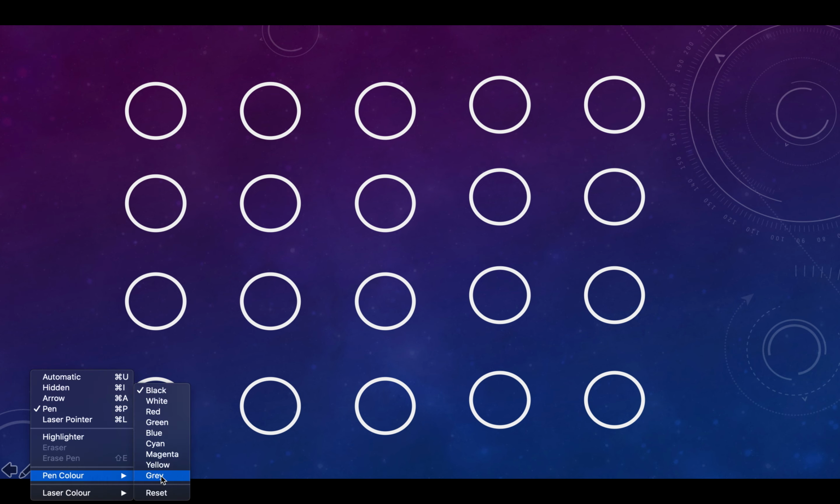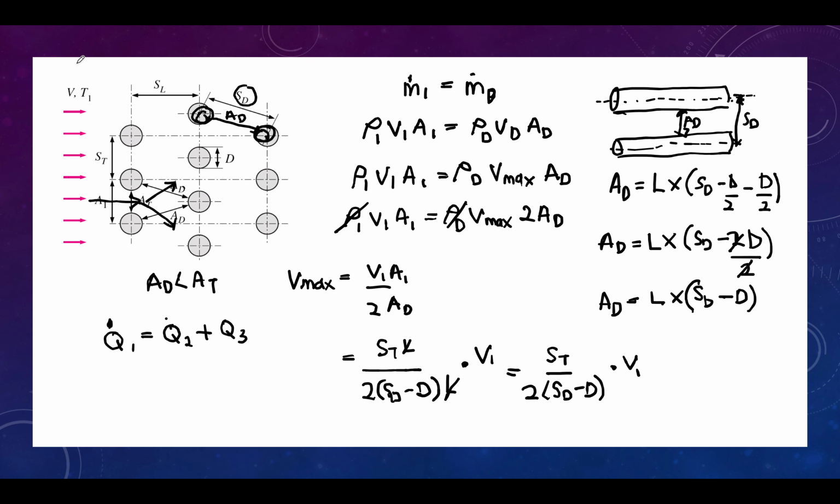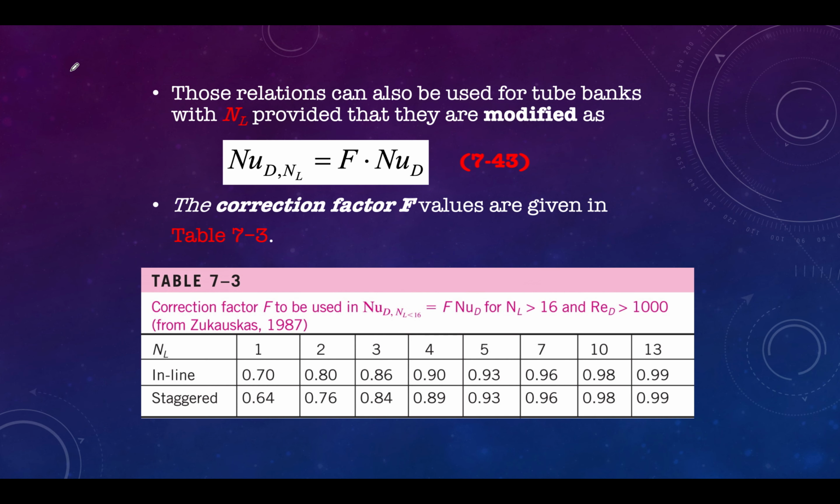Now, what are rows? Let's take a look at this arrangement. This is an inline arrangement. So let's say the fluid flows from here. If your fluid flows from here, this is the first column, second column, third column, and fourth column.